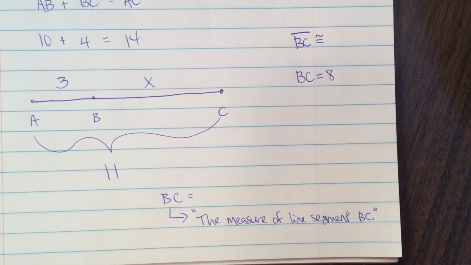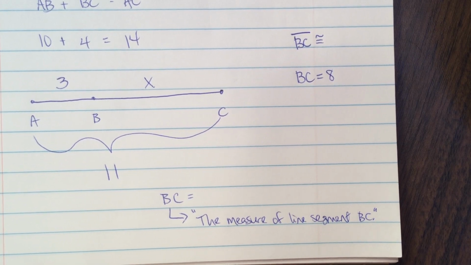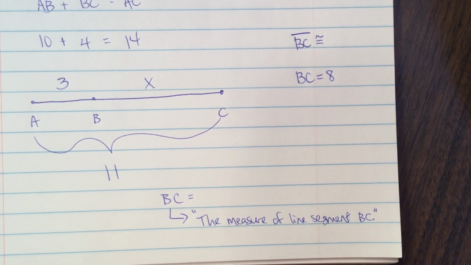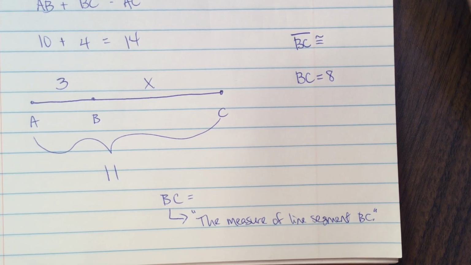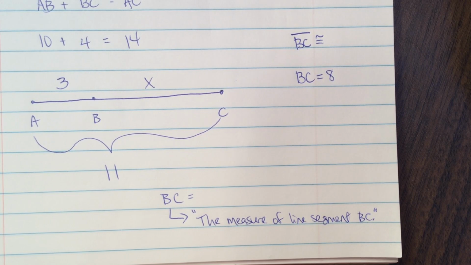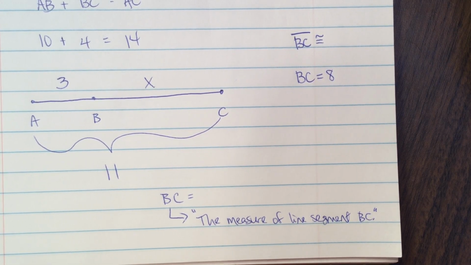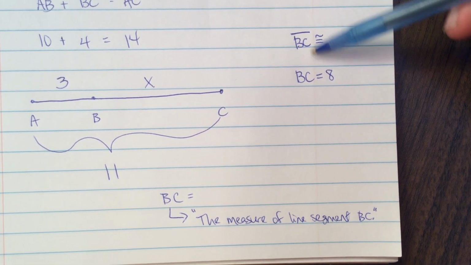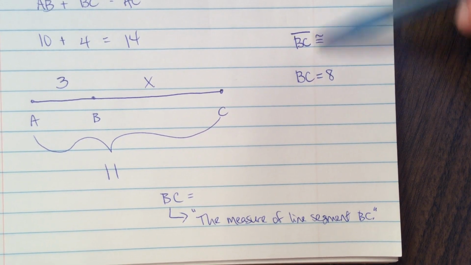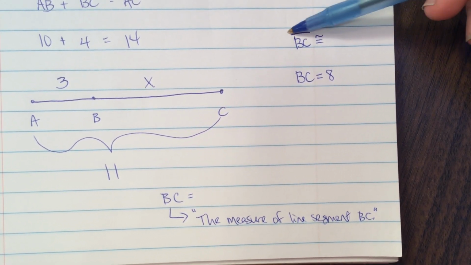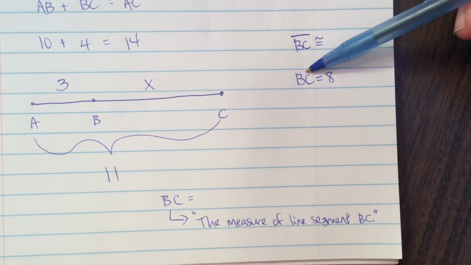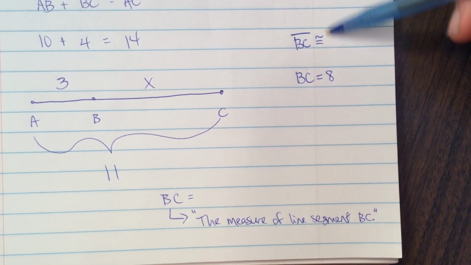Geometry can be its own language, almost like a foreign language. When you start speaking it, maybe you're speaking broken and people keep correcting you, and you think you might be saying the same thing and you get a little frustrated, but you are saying two completely different things when you either put the line over it or you don't. This is a congruent statement.